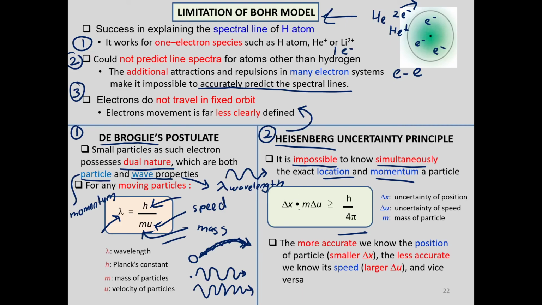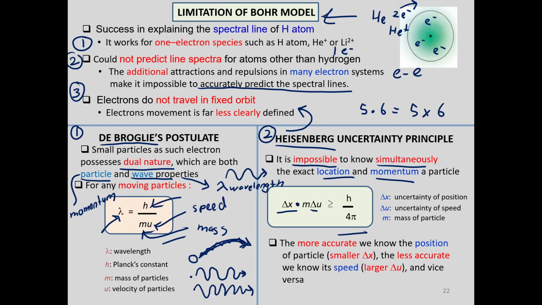So this is the formula. Okay, you know the dot, like for example 5.6 is equivalent to 5 times 6. You know that in mathematics, right? So this dot is to describe multiplication. So we have the uncertainty of position and uncertainty of mass with speed.